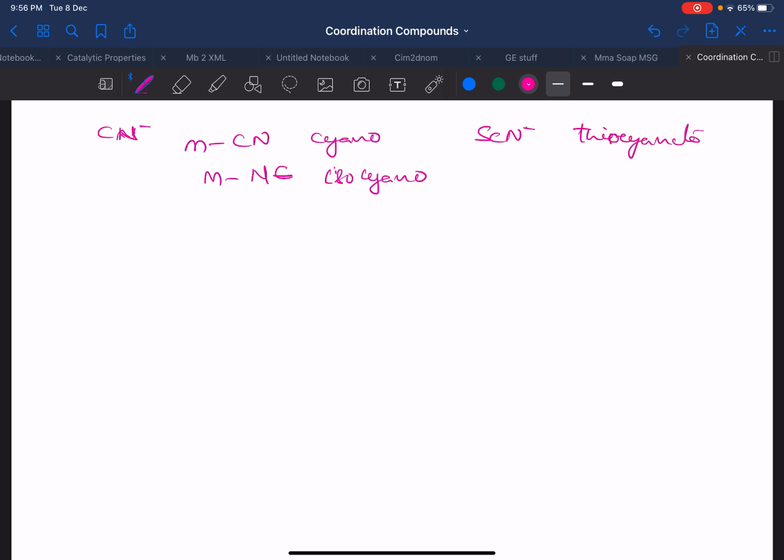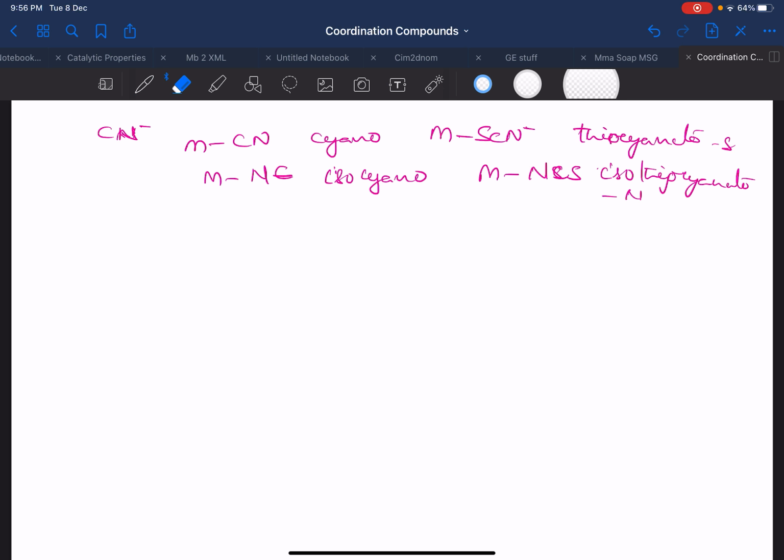If S is attached with the metal atom, it is called thiocyanate. When the metal atom is attached with NCS, it is called isothiocyanate, or thiocyanate-N or thiocyanate-S. These are called ambident ligands.